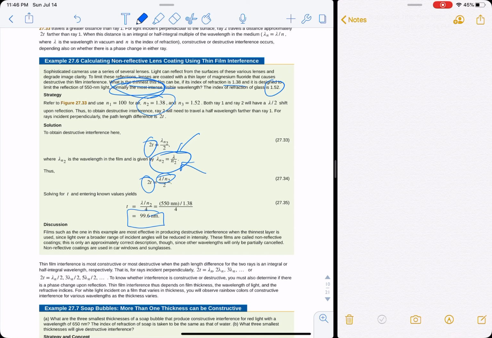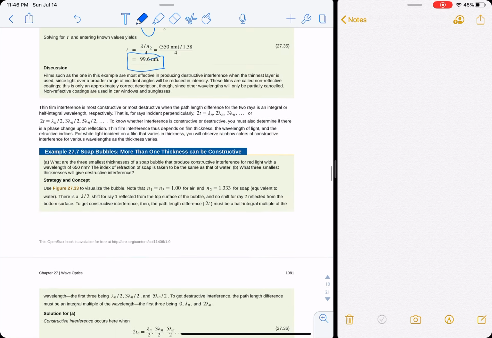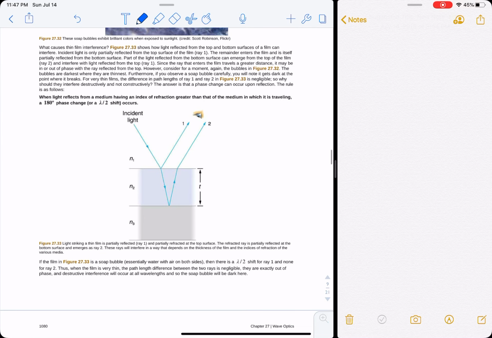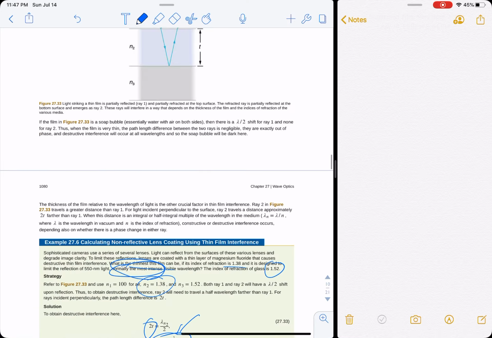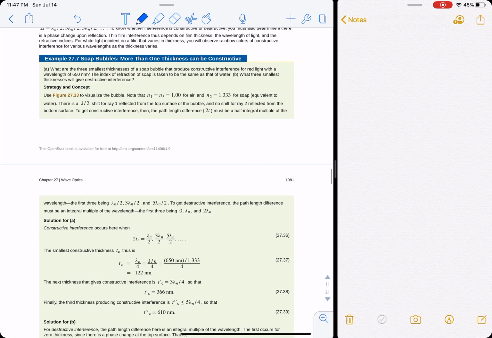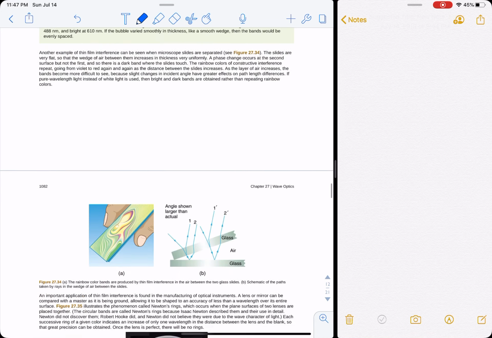So that's the case for the thinnest possible thickness to kill some reflections. So that's the idea, is that this reflection is canceled out by that reflection, and then you don't see reflections. So that's the main idea with these coatings, is to limit the reflection.